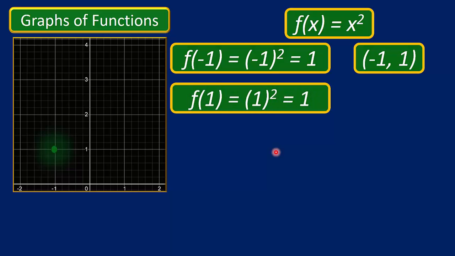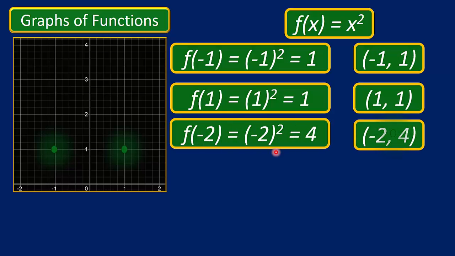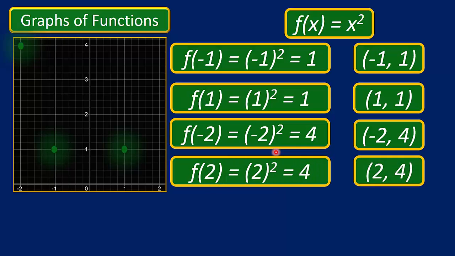We could do the same thing for f of 1. Plot that point. And we could do this for any number of points. We're just picking a few here. And of course, I could pick 0. 0 squared is 0, and it'd be down here. But there's literally an infinite number of x values that we could plug in.